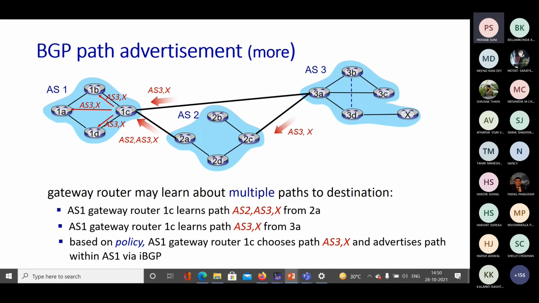It can choose AS2, AS3, X or AS3, X, depending upon the metric that you are using and which is lesser or best for the given AS. Here, as an example, it is considered that AS3, X is the chosen path; it is better than AS2, AS3, X. So 1C will make this decision, choose AS3, X, and then propagate this information to all the other routers belonging to this particular AS via iBGP. Clear?